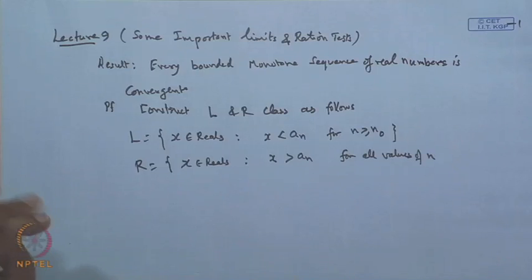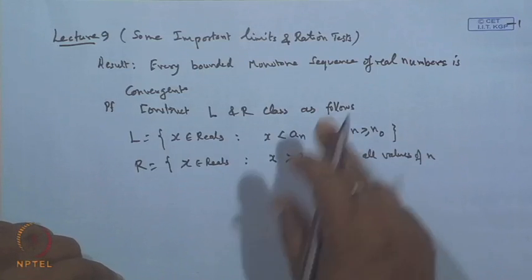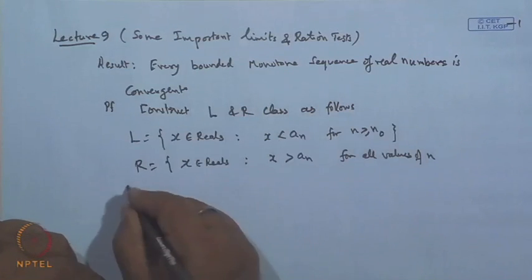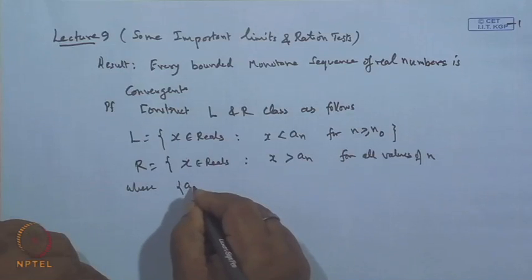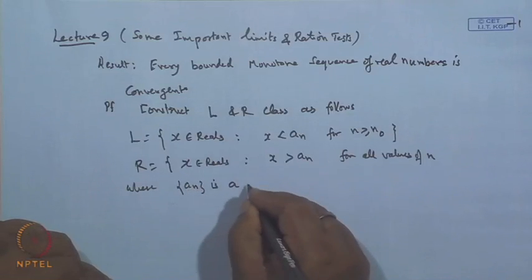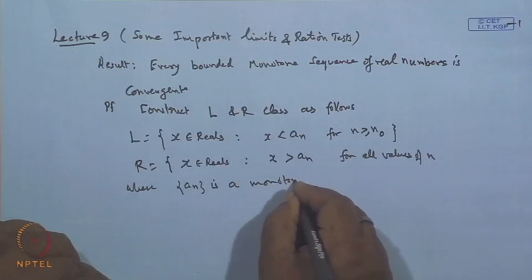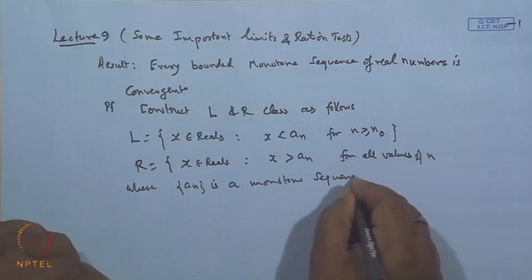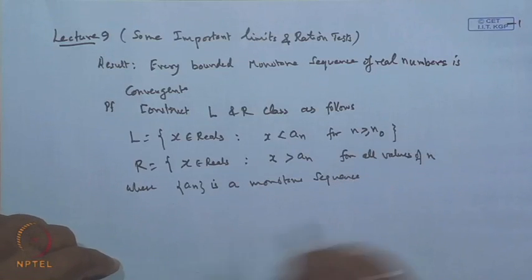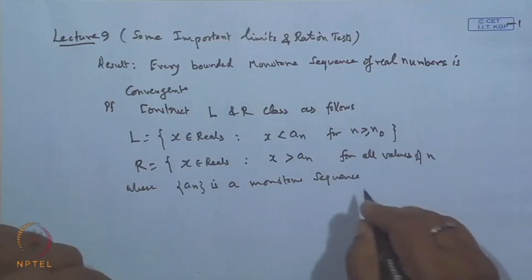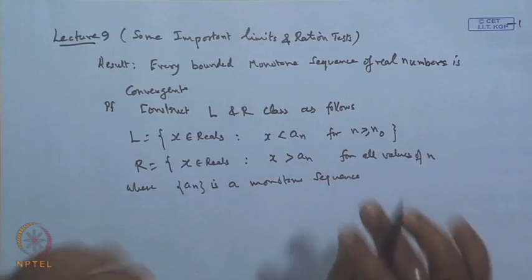Let a_n be a sequence which is a monotone sequence, bounded above and bounded below.